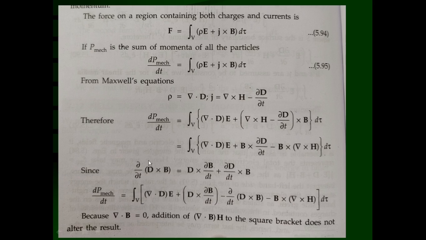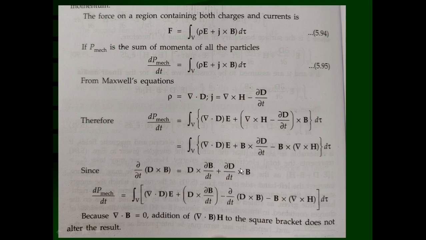Now let us evaluate these things. ∂t of D cross B. D is the displacement electric field vector and magnetic field vector B will be there. So if we utilize the product rule, that means ∂t of D cross B is equal to taking the first term D constant and differentiating the second term, D cross ∂B upon ∂t, plus differentiation of the first term, ∂D upon ∂t cross B. Now we are having B cross ∂D upon ∂t.